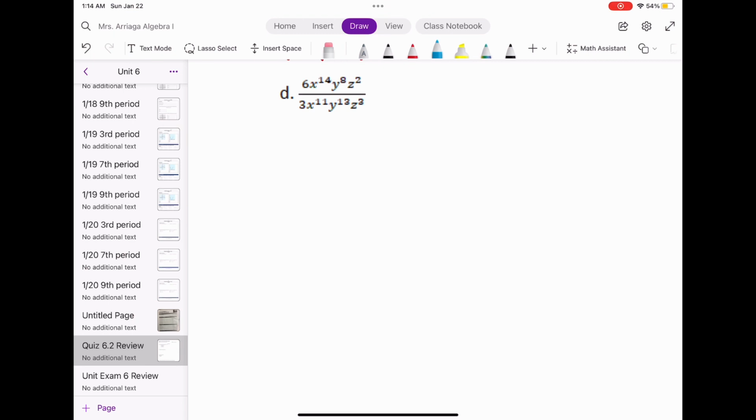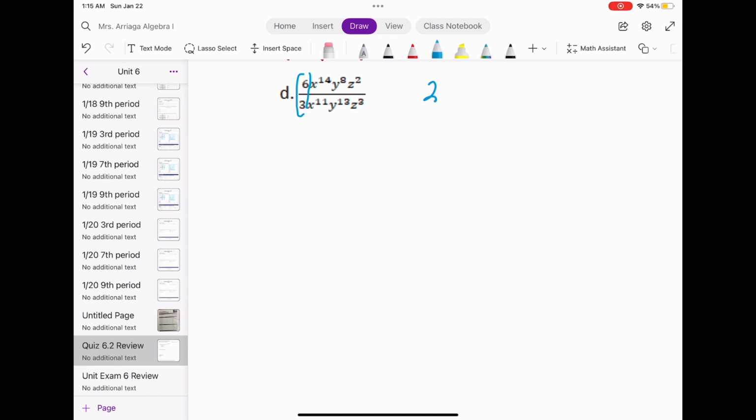Now let's go to letter D. Letter D looks like a big exponential monster, right? But it's actually simple because do you see anything that has to be distributed? Nothing has to be distributed. So that means that we can start by dividing everything. Let's start by dividing 6 by 3. What is 6 divided by 3? That gives us 2, right? Okay, so let's write it down.